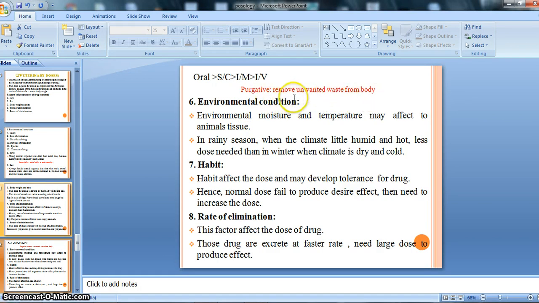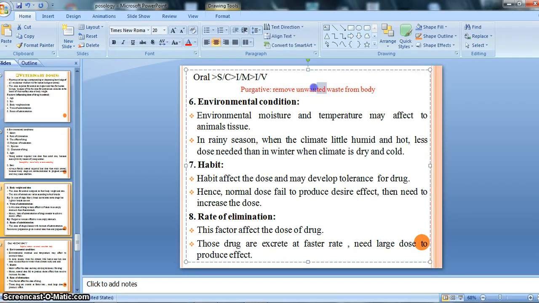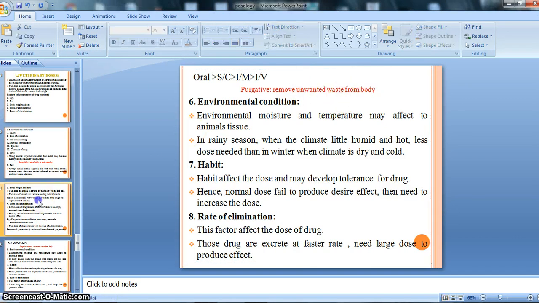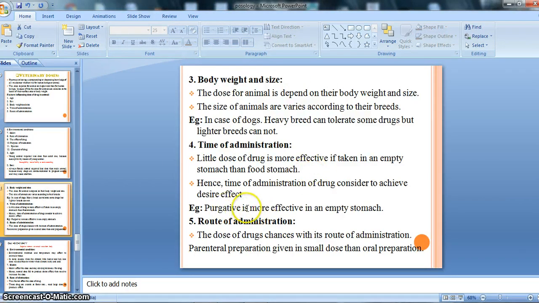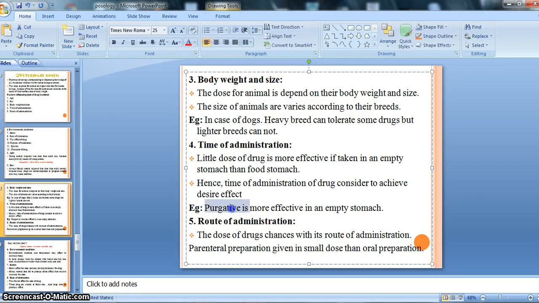The drugs which remove the unwanted waste, fecal matter, from our body are called purgatives. A purgative is more effective on an empty stomach for removing the unwanted material. In case of a full stomach, a purgative does not work properly.